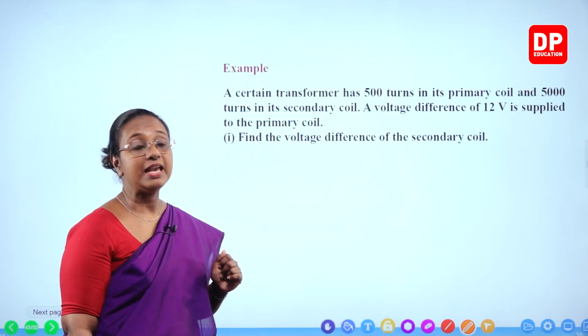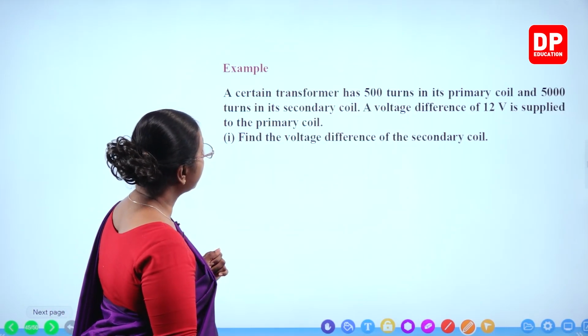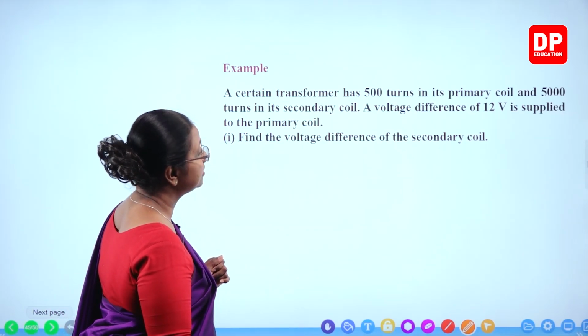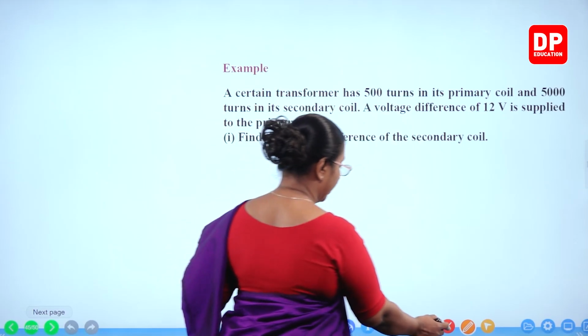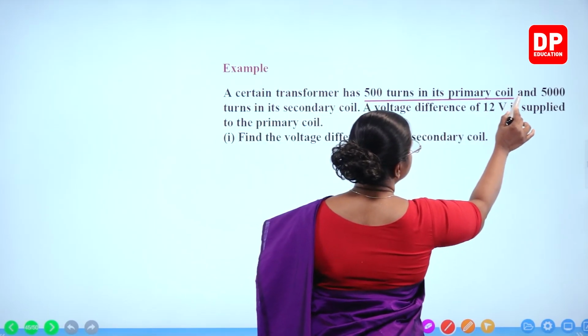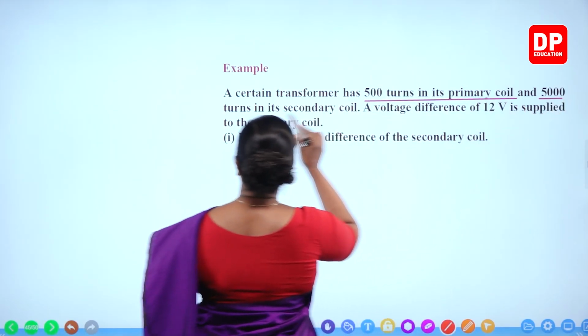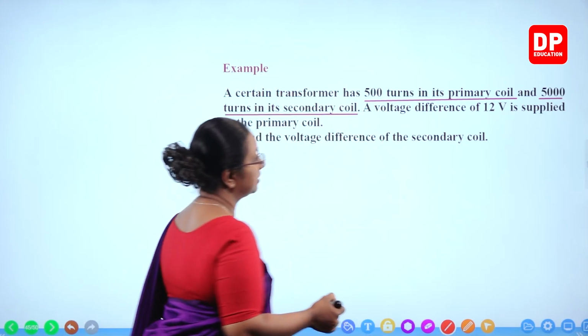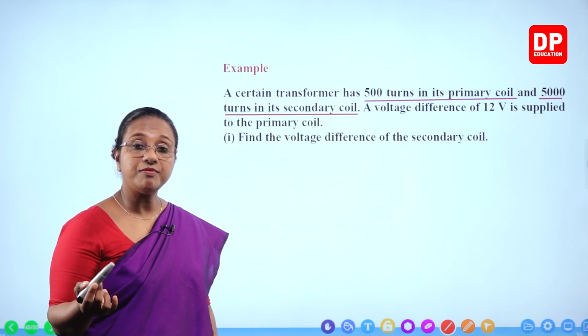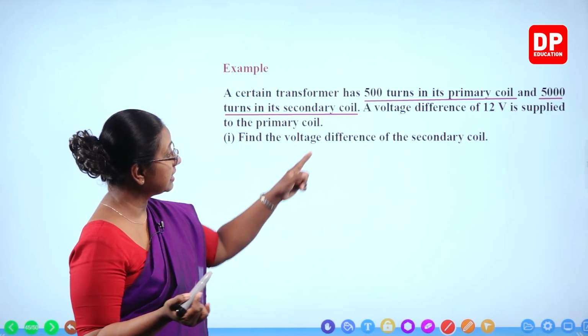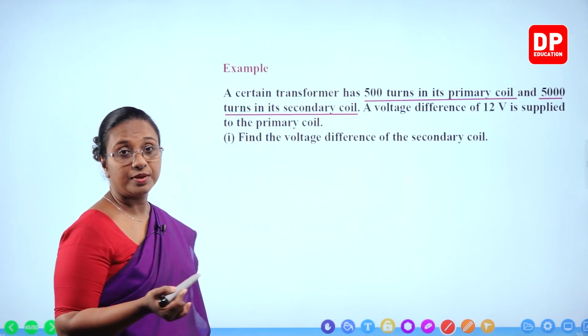Here we have an example. A certain transformer has 500 turns in its primary coil and 5000 turns in its secondary coil. So from the number of turns, you can identify it is a step-up transformer.